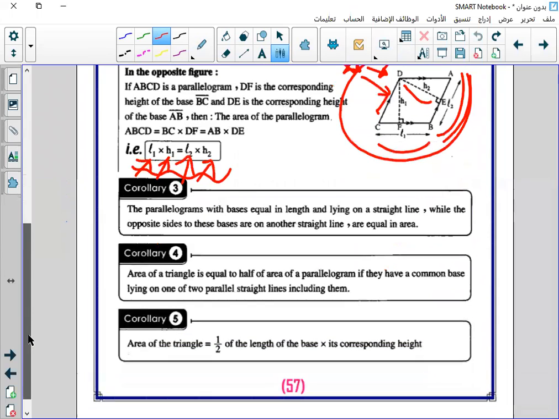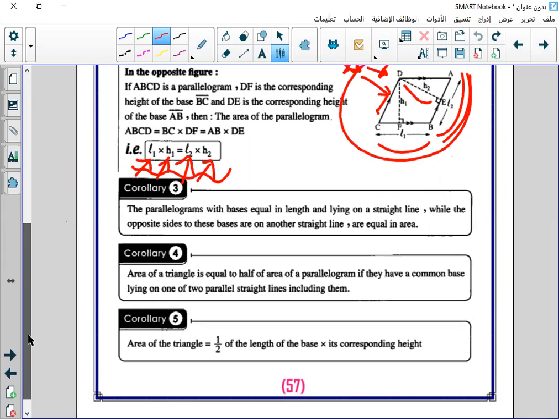Corollary number 3: the parallelograms with bases equal in length and lying on a straight line, while the opposite sides to these bases are on another straight line, are equal in area.